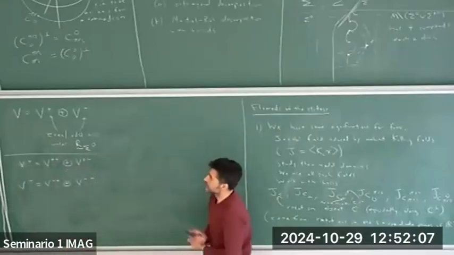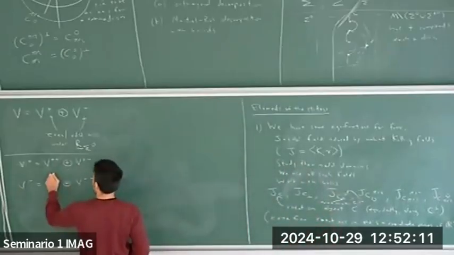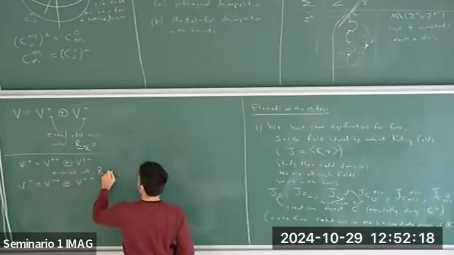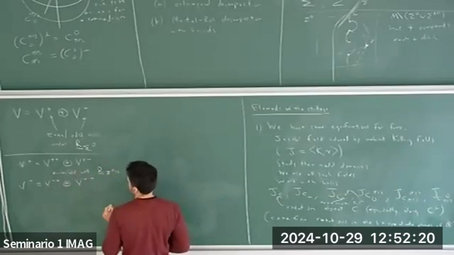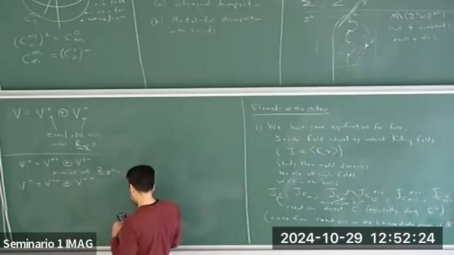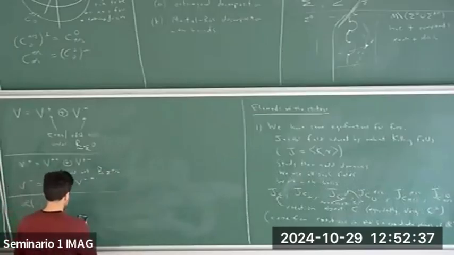I can decompose each of those into 2 spaces, the even and odd with respect to the other sphere. Importantly, because these are symmetries for the surface, they're also going to be respected by the Jacobi operator. So L, the Jacobi operator, leaves these spaces invariant.